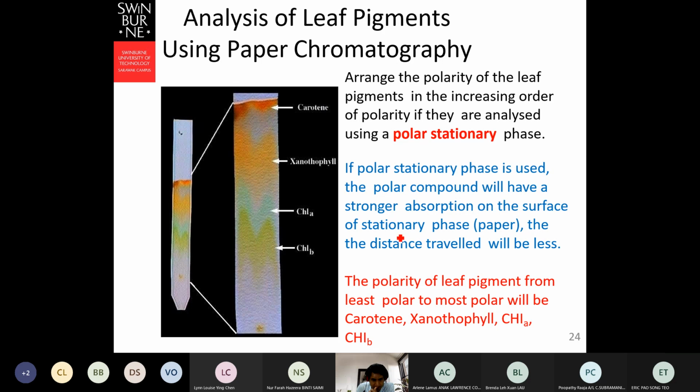So the polarity of the leaf pigments from least polar to most polar: carotene is the least polar because it came along with this non-polar solvent, so it should be the most non-polar pigment. And this one will be the most polar.